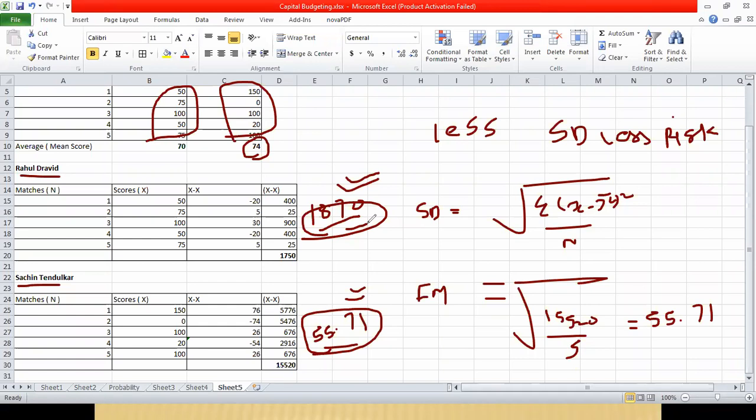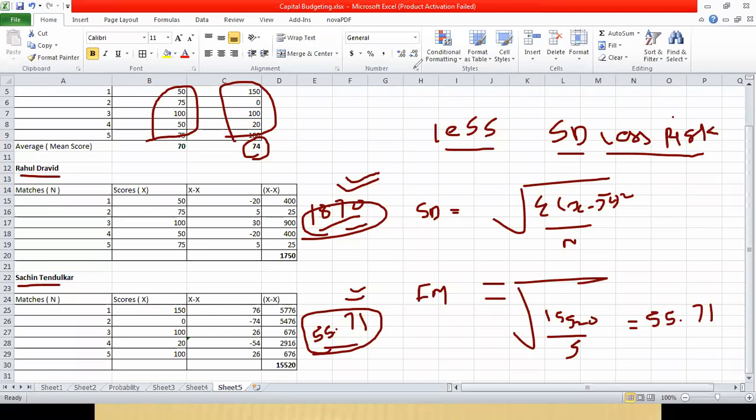It is not that in one year it gives very high return and in another year it gives no return. Such types of securities will not be preferred. And how can we come to know about the consistency? By calculating the standard deviation. So understood? Always remember, less standard deviation means less risk. You should prefer such securities.